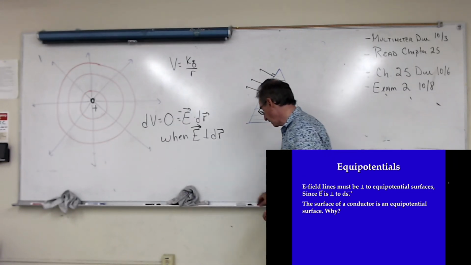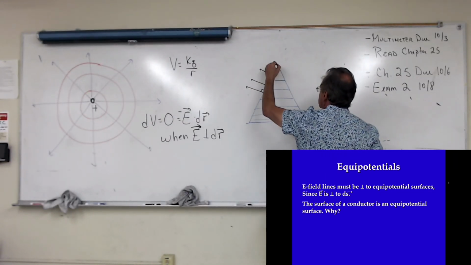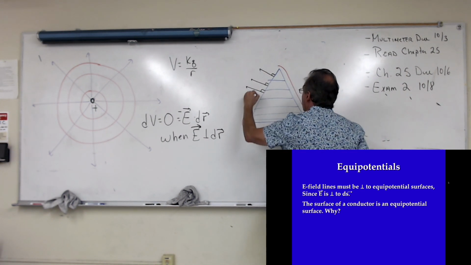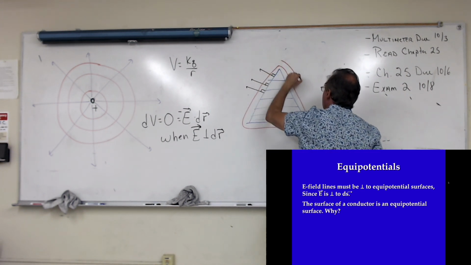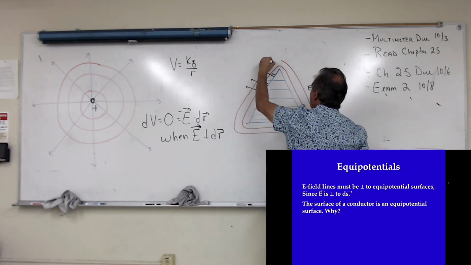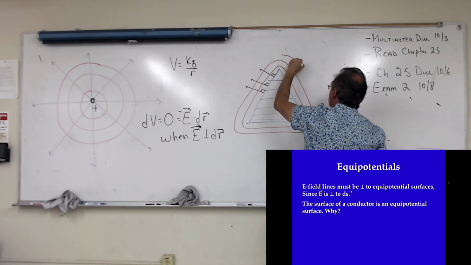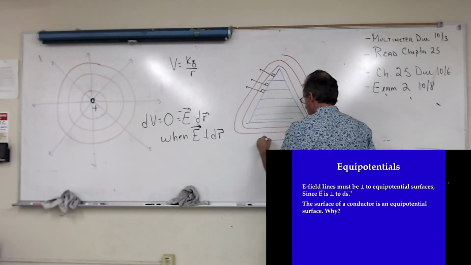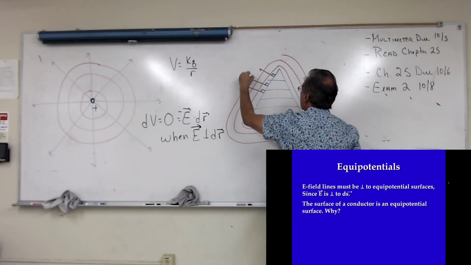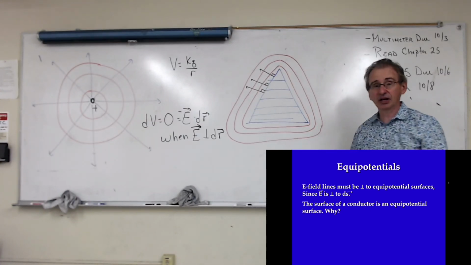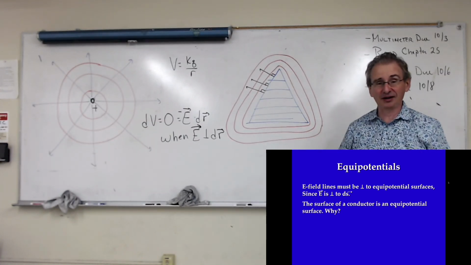And so the equipotentials for this basically look like this. They get more rounded as you get further out. So the red lines are the equipotentials for my blue conductor there.